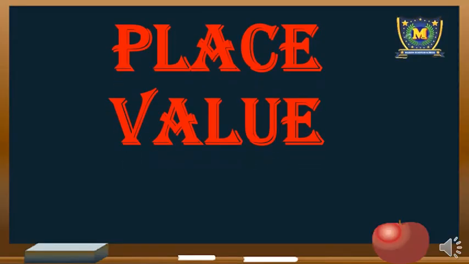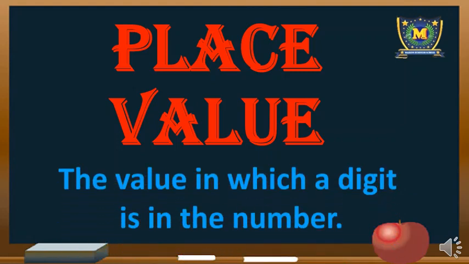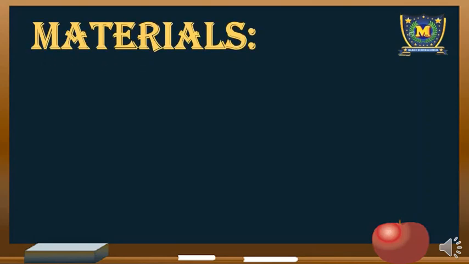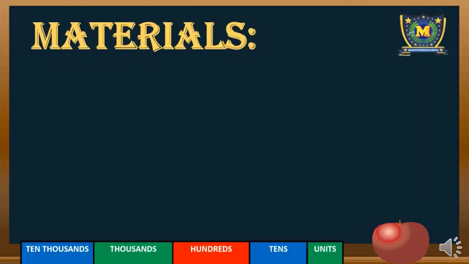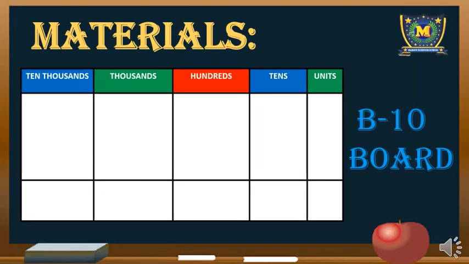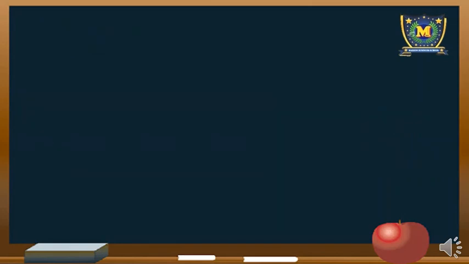Place value. When we say place value, it means the value in which a digit is in the number. Here are the materials for this lesson. We need this beading board, and as you can see, we added another place value, which is 10,000s, and we also need the beading blocks.